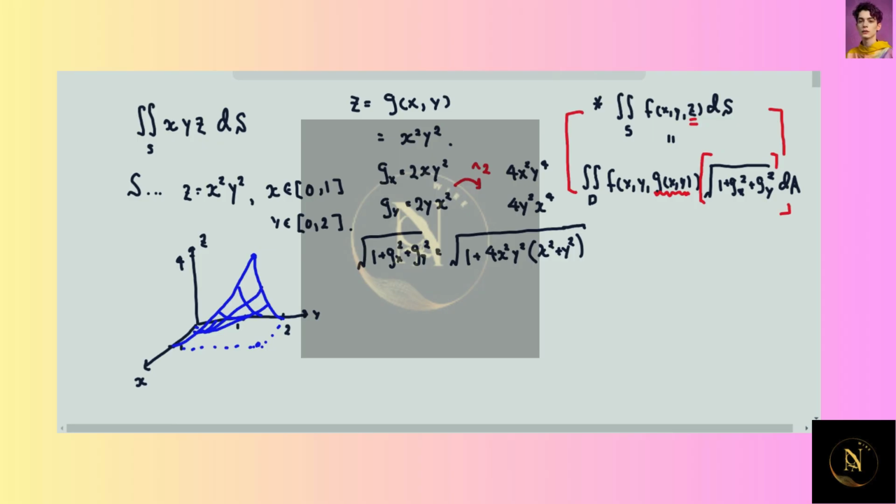Now for xyz, you just need to represent z in terms of x and y as well. So we will have x cubed y cubed times the square root of this expression.